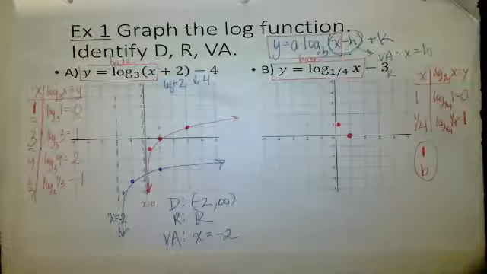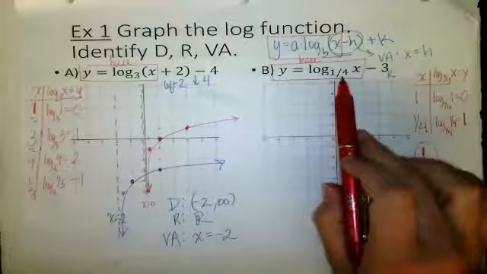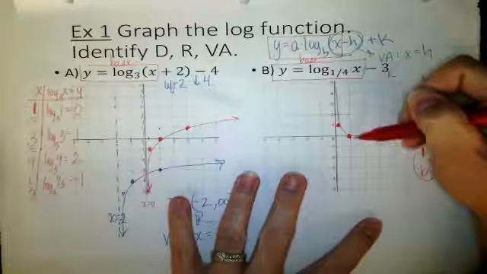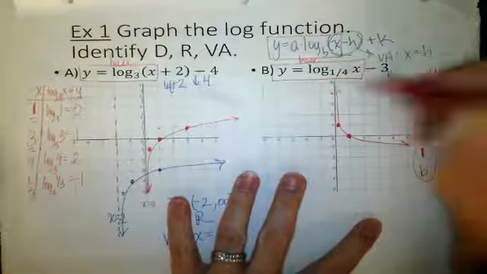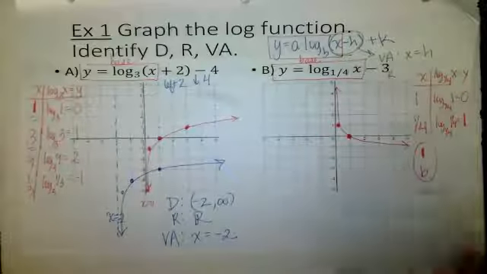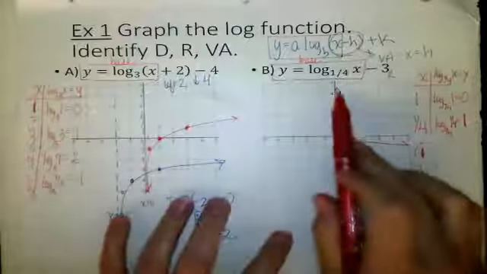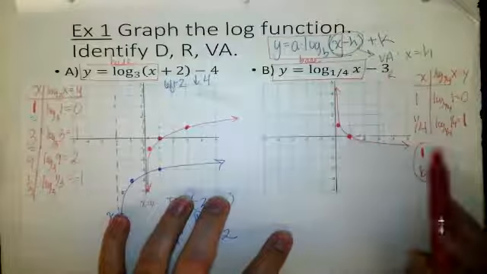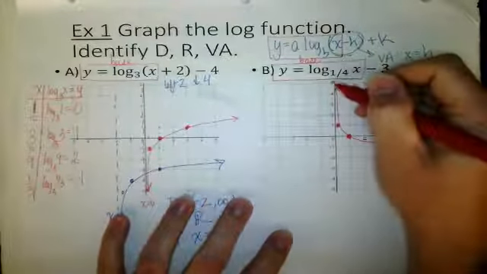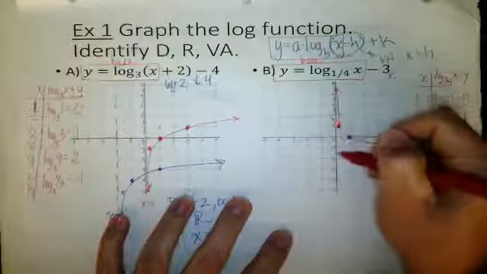It's a decreasing function. So the base is less than 1. And so this is now a decreasing logarithmic function. All right, so if the base is between 0 and 1, then it's a decreasing, a downhill log graph. All right, it does have that vertical asymptote right here at x equals 0.